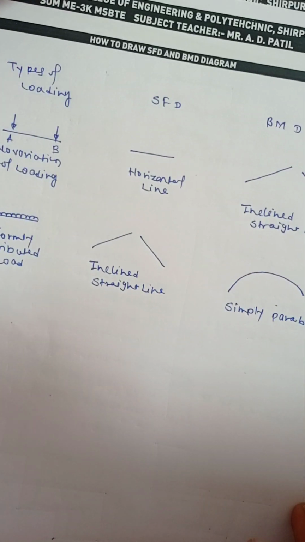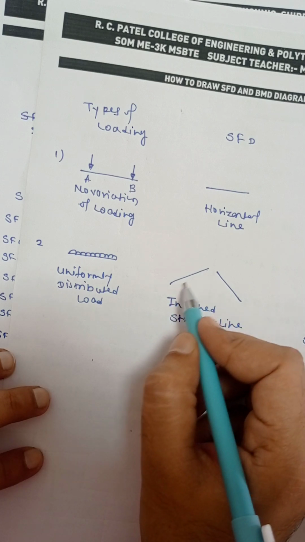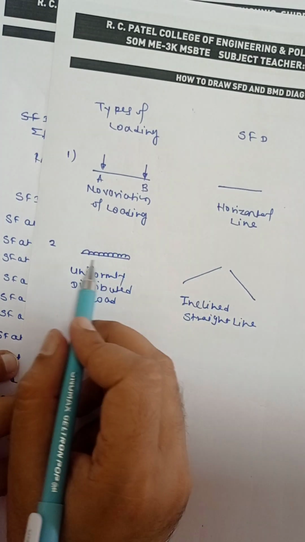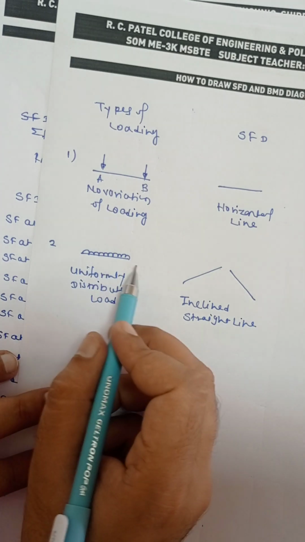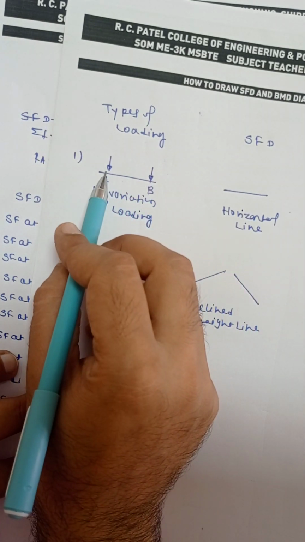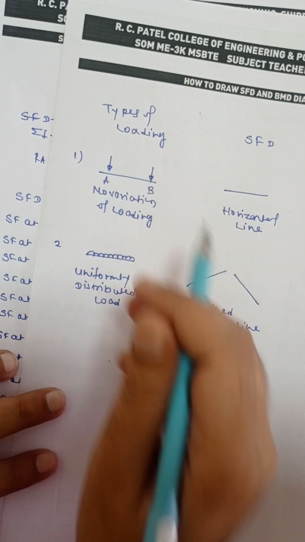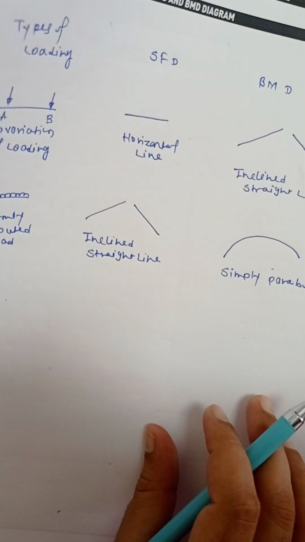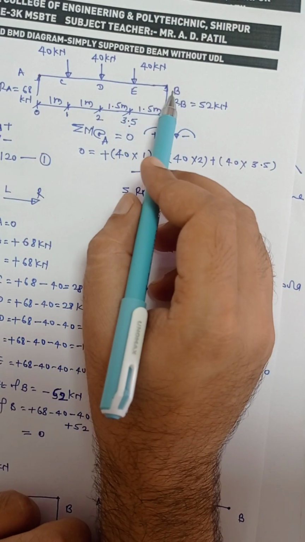And in the SFD, as per this rule, when will there be an inclined line? When there will be a UDL. But as per our numerical, there is no variation of loading, only point loads are acting. So first we have to move horizontally, because from E to B there is no loading.